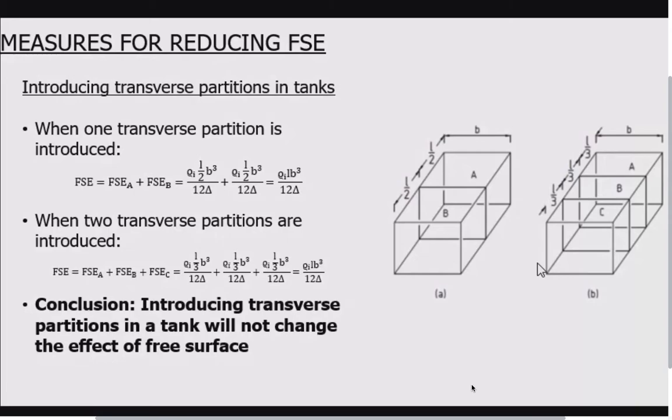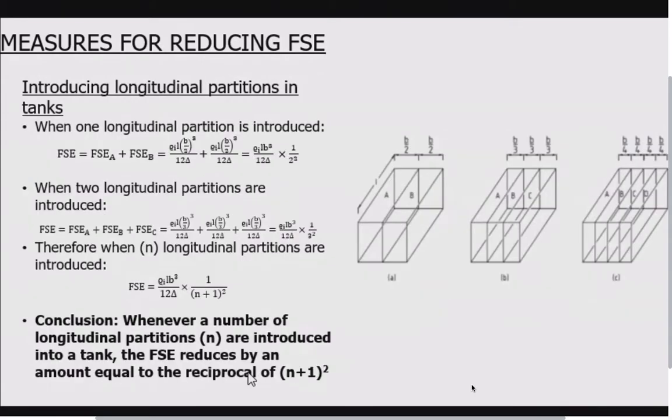So each and every partitioning needs to be calculated, then you add all of them. So introducing transverse partitioning in a tank will not change the effect of free surface. Though you have partitioned your tank, it doesn't mean that the free surface effect has been changed.